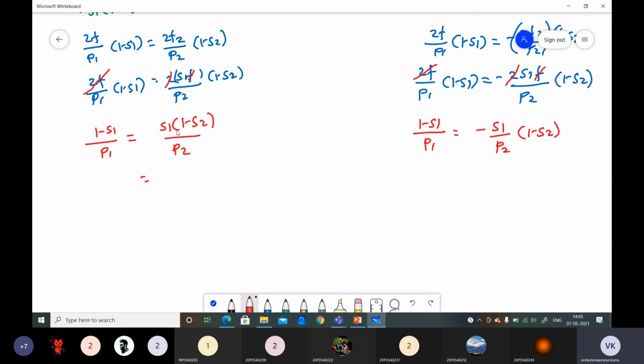Now multiply with s1 minus s1 s2 by p2. Here 1 minus s1 by p1 equal to minus s1 plus s1 s2 by p2. Here the product of s1 s2 is neglected.